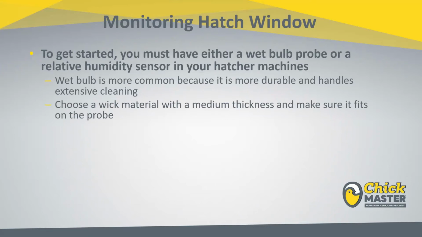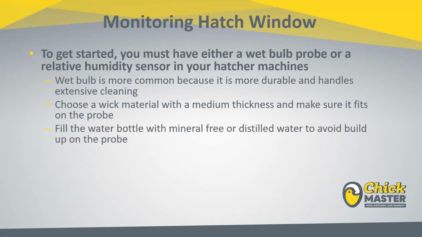So the importance around wet bulb is that you need to choose a wick material with a medium thickness and make sure it fits on the probe well. A lot of times during hatchery visits, I see wick material that's really thin and it doesn't stay up on the probe, or it's not pushed all the way up on the probe very well. So it's important to make sure that's correct.